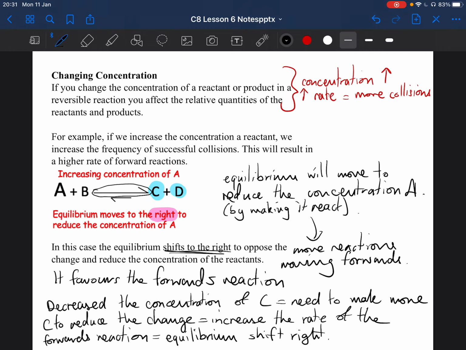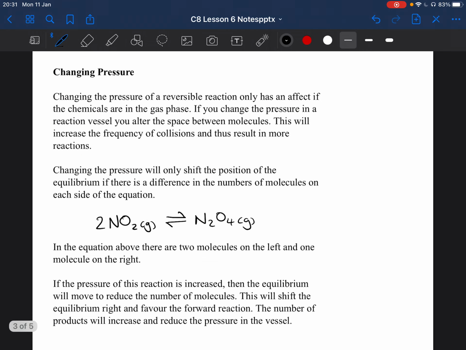Okay, guys, so let's move on to looking at how changing pressure can affect a reversible reaction. Now, the key thing to remember here is, just like we talked about in a previous video on the factors that affect rate, this will only work if you have a gas phase reaction. So you need both sides of your reaction mixture to be gases, otherwise pressure won't affect it.